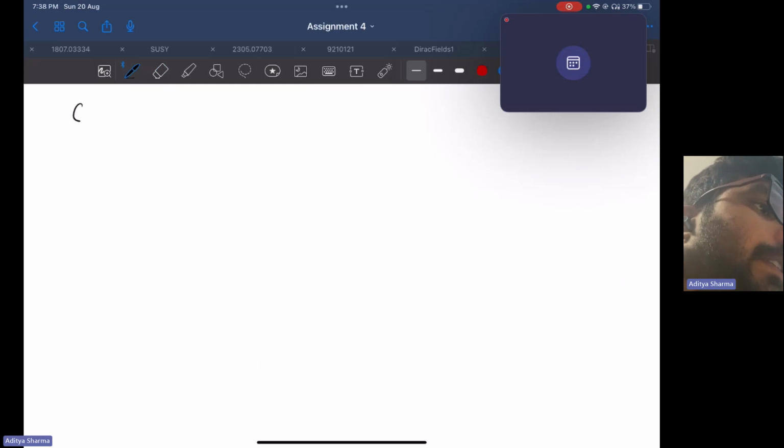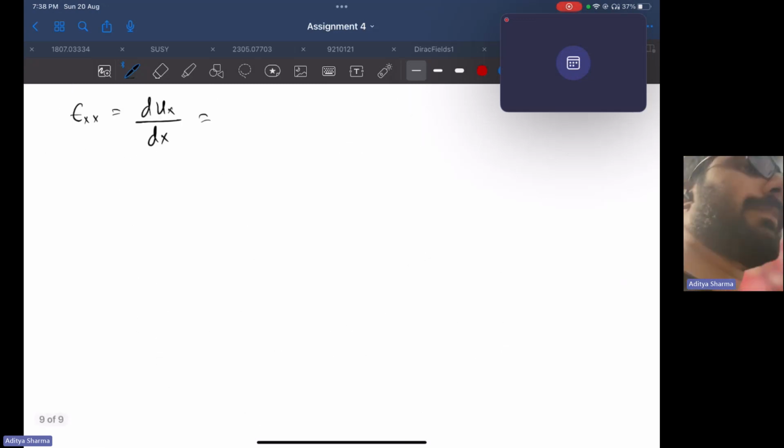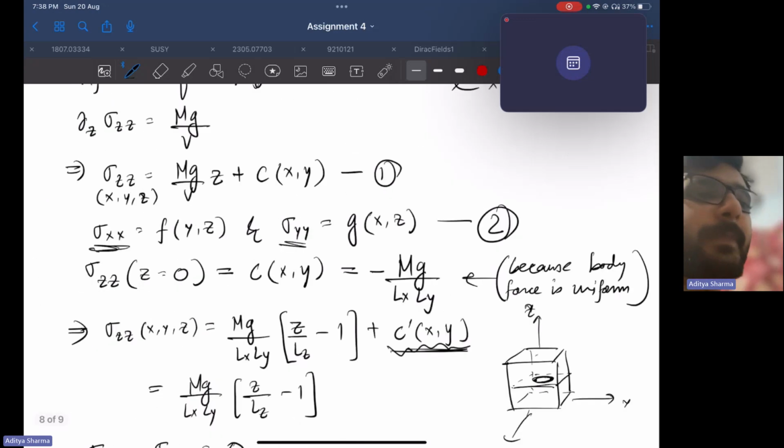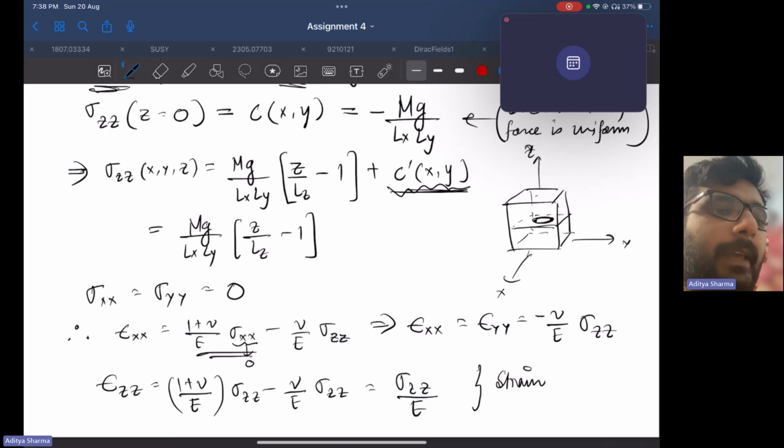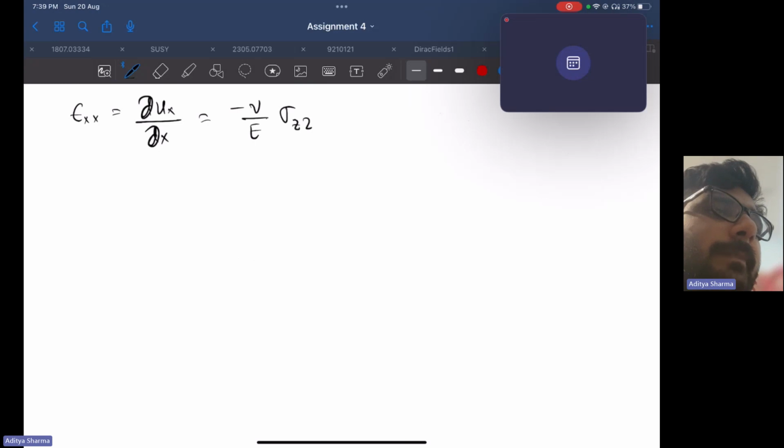Now epsilon xx is nothing but the partial derivative of the displacement in the x direction, and we have epsilon xx is equal to minus ν/E σzz. And σzz is a constant function in x.